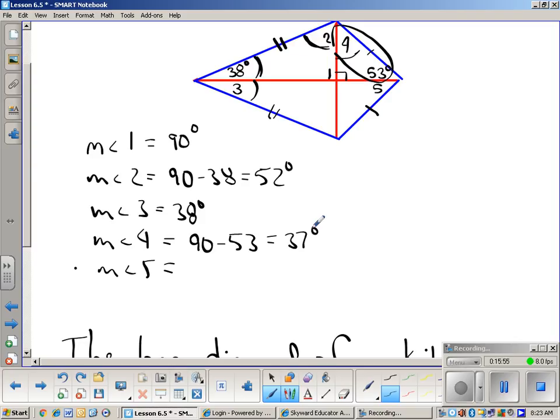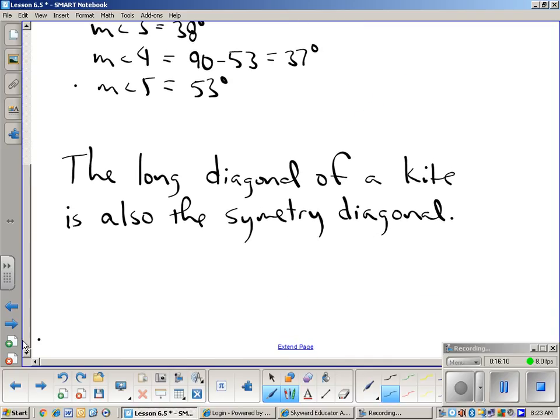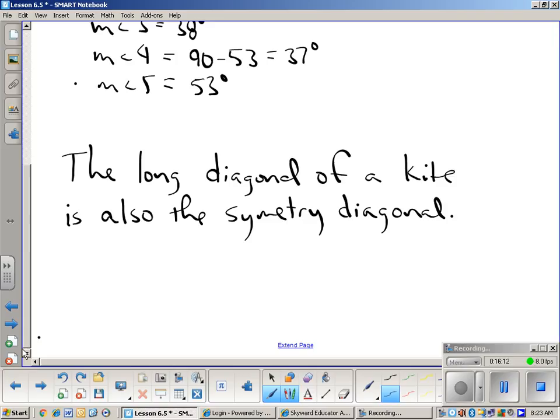And what's angle 5? 53, the same as the one above it, right? Symmetry says so. 53 degrees. Okay? Any questions on that? And then this is, if you hadn't written down what I told you, you should write that down. The long diagonal of a kite is also the symmetry diagonal.